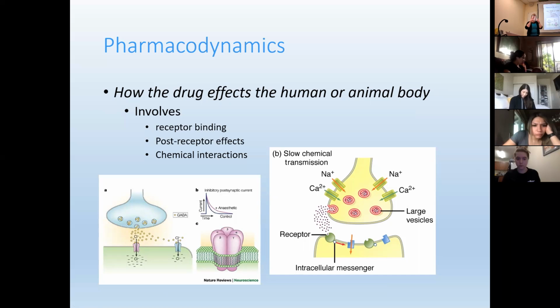And so if the pharmacodynamic action of this drug is to change the axon button or terminal and how it reacts to the environment, then that's the receptor binding.